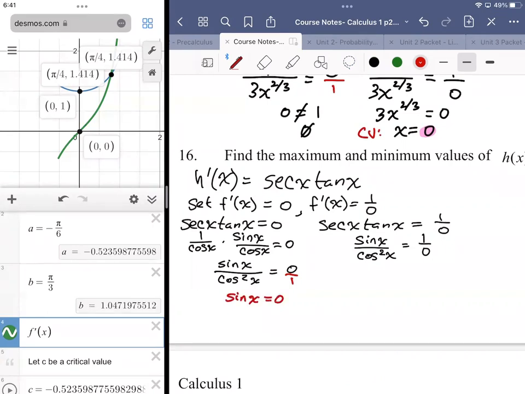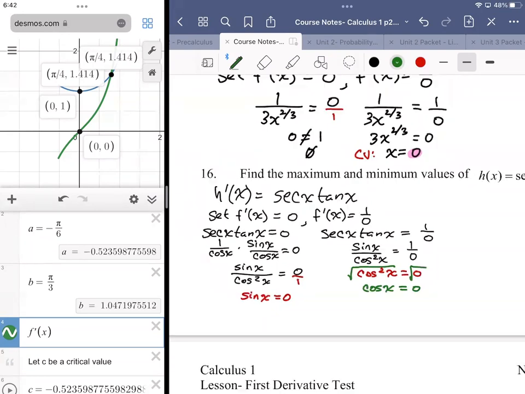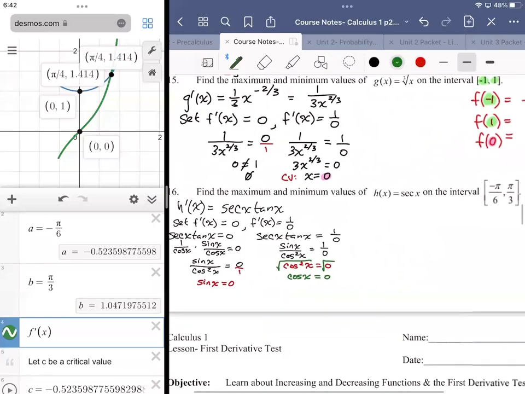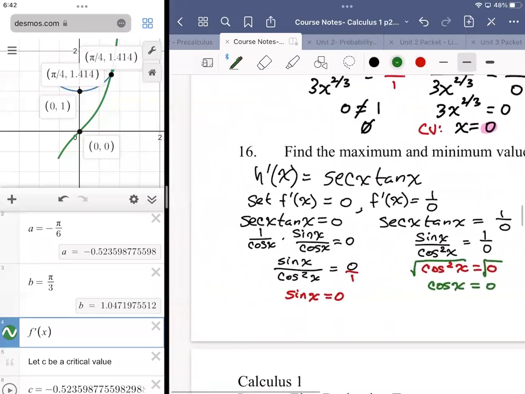And in the other instance, if you cross multiply, you get cosine squared of x is equal to 0. If you root both sides for this one, you get cosine of x is equal to 0. So now we're just spinning around the unit circle looking for instances in which the sine function is equal to 0, bearing in mind we're restricted to a domain of negative pi over 6 to pi over 3.